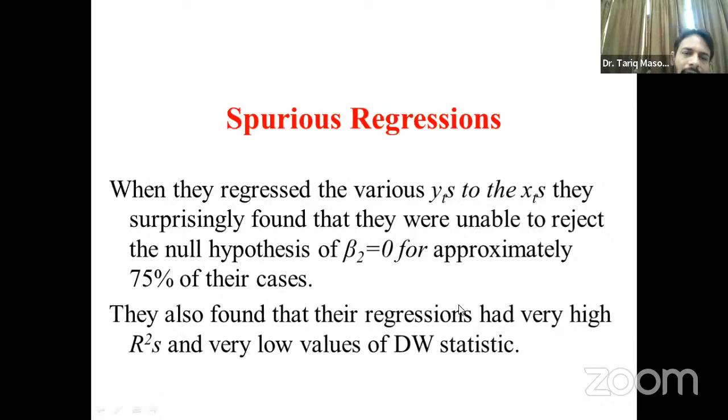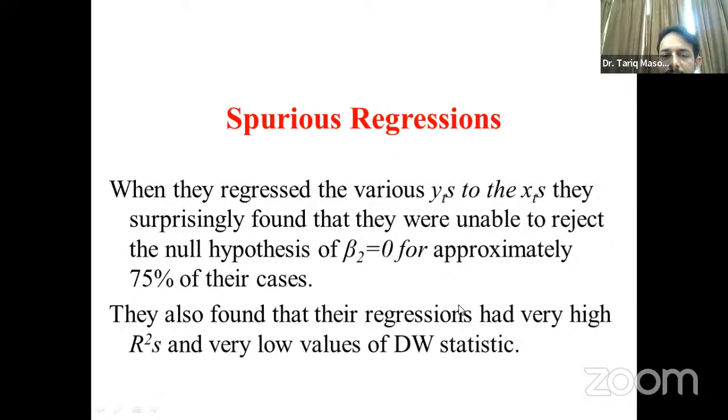That means they were getting the sense that there is a high relation between y and x. They were not able to reject beta 2 equal to 0. So ultimately they were concluding that there is very high correlation between x and y. But they know that there is no relation between them.